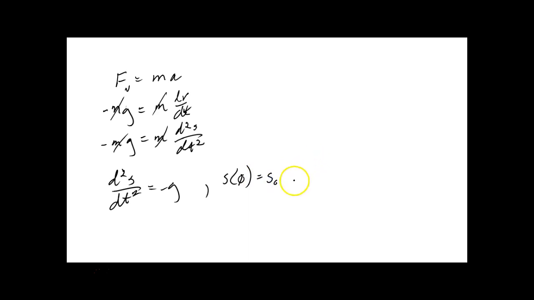And if you drop the rock, then your initial velocity, which is v at 0, which is s prime at 0, would be v0. Okay, if you drop the rock, that's going to be 0 because you're not giving it initial velocity.